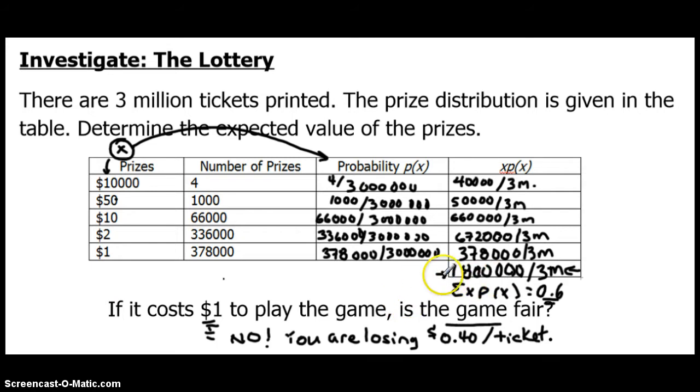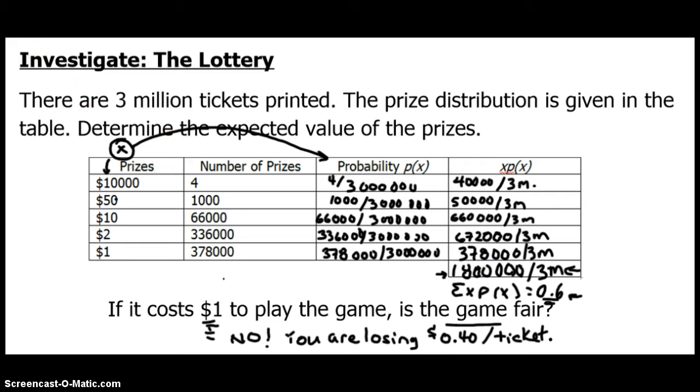You didn't make back your $3 million. In fact, for every $1 ticket, you're only getting back 60 cents. So you're losing 40 cents every ticket. And if you take this 40 cents per ticket and multiply it by the 3 million tickets, it comes out to the difference between 3 million and 1,800,000.